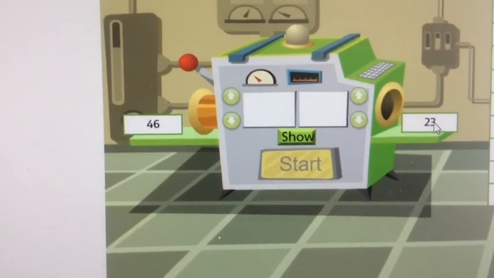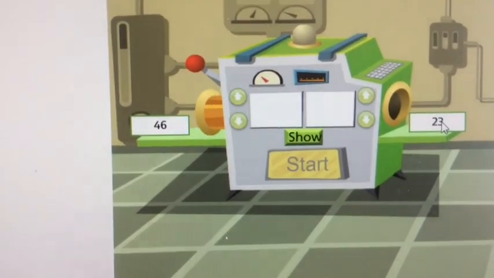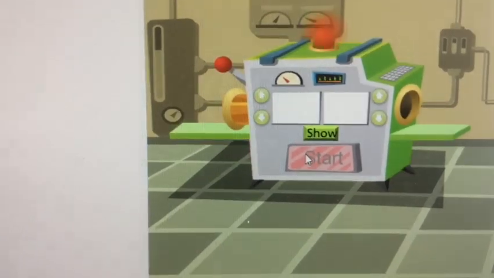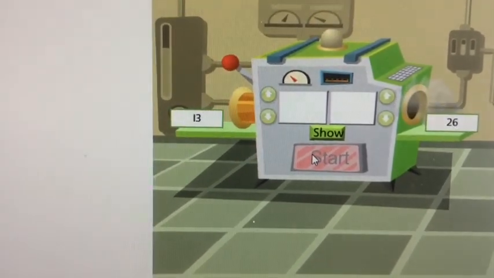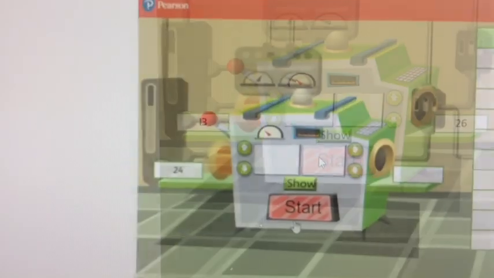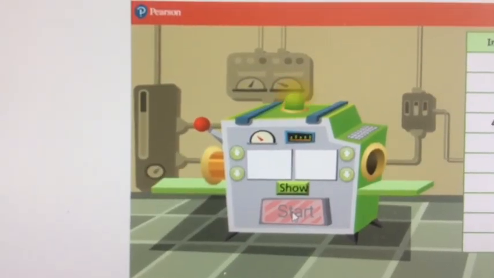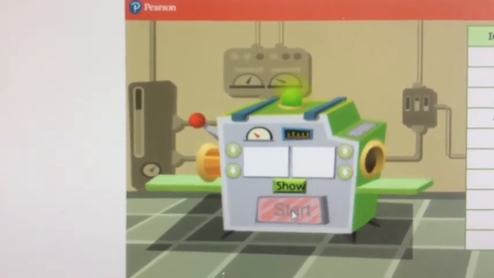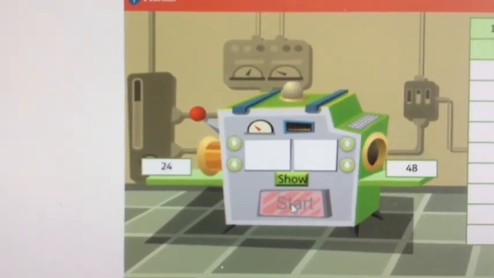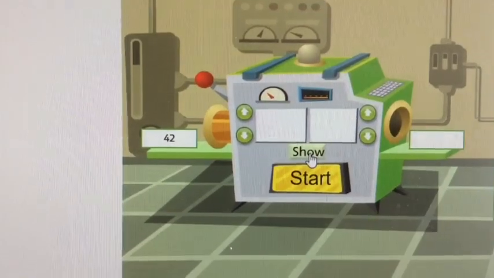Have a look at a few more and you need to say half or double. 13's going in. 26 came out. Was it double or half? 24 going in. Has it been doubled or halved? How about this one?